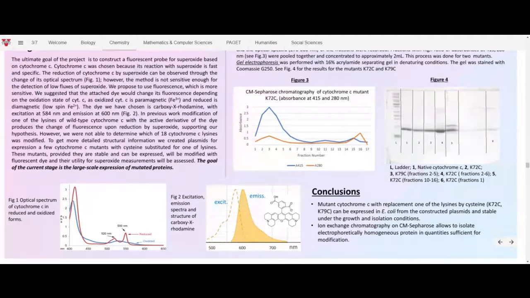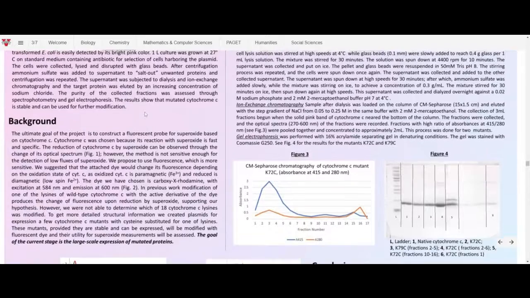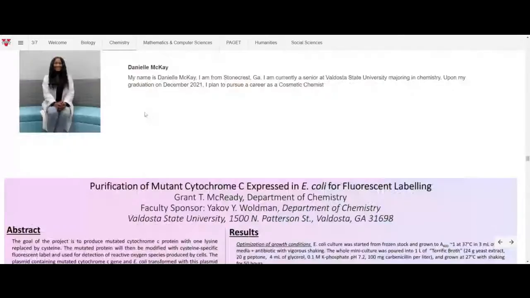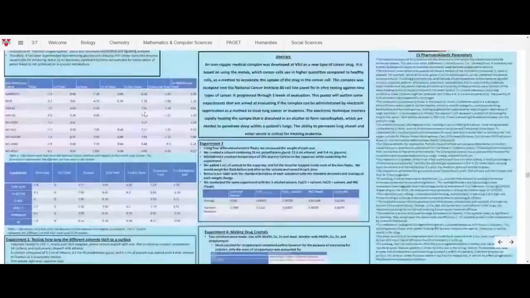Can I move over to Guillermo? I believe Guillermo, yes. Can you hear me? Are you another chemistry or biology? Yeah, I hear you just fine. Yes, chemistry. It's two posters below the current one. Look at that, y'all standing right next to each other and don't even know it.